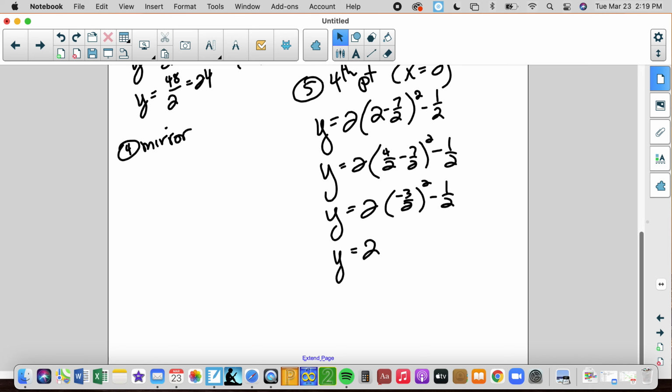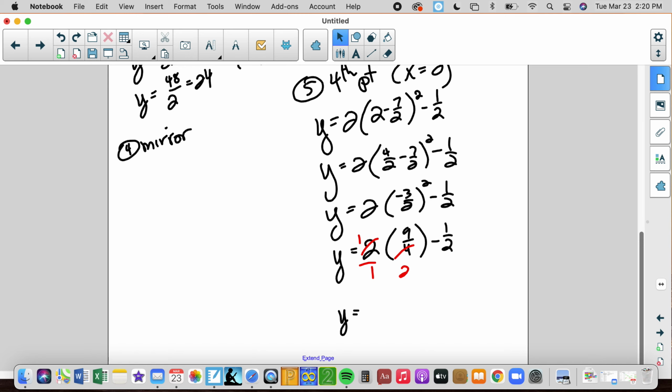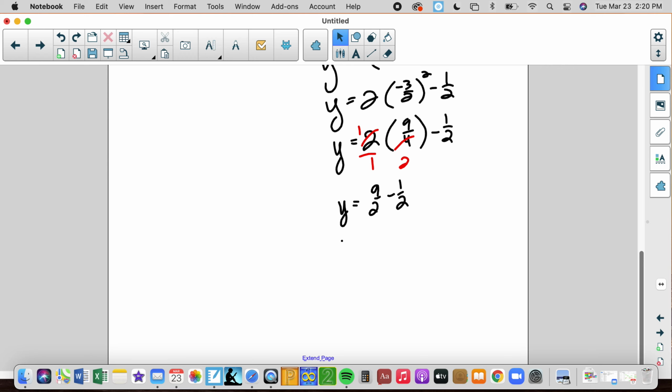Negative 3/2 squared is 9/4 minus 1/2. We're going to cross cancel because we're multiplying 2 times 9/4. That becomes 2, that becomes 1, and that gives me 9/2. y equals 9/2 minus 1/2, which gives us y equals 8/2, which equals 4.